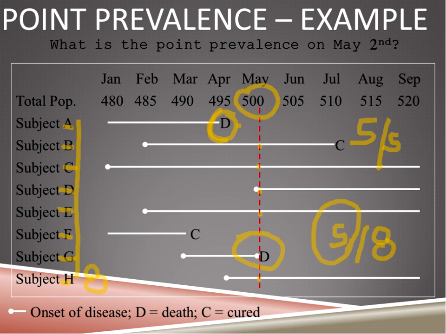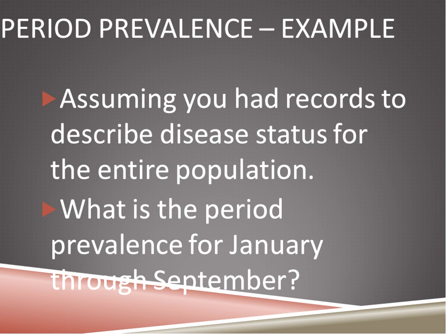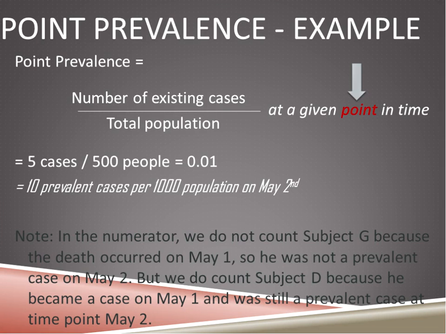It should have been 5 over 500 as your point prevalence. I gave you your prevalence rate. Sorry about that. So the number of existing cases was 5 out of 500 people. Your point prevalence rate would be 0.01.